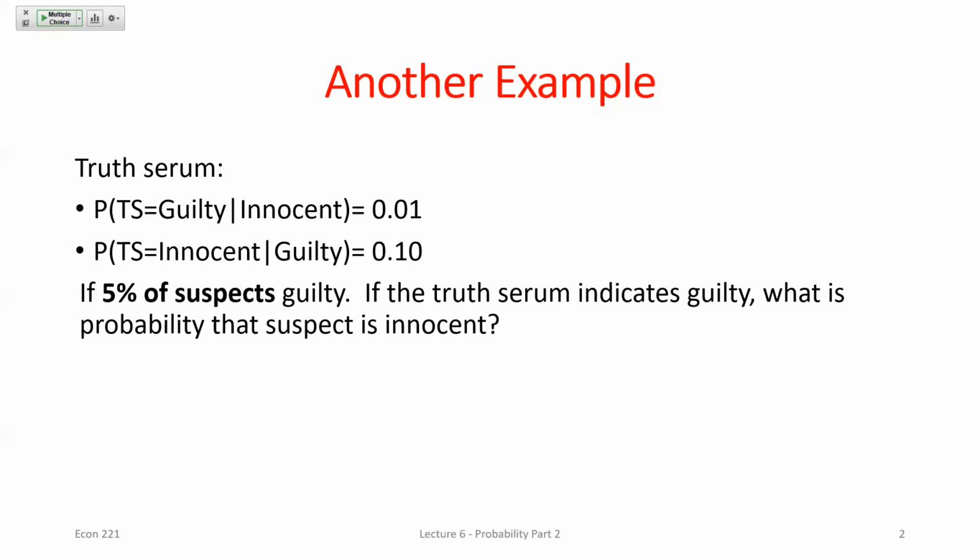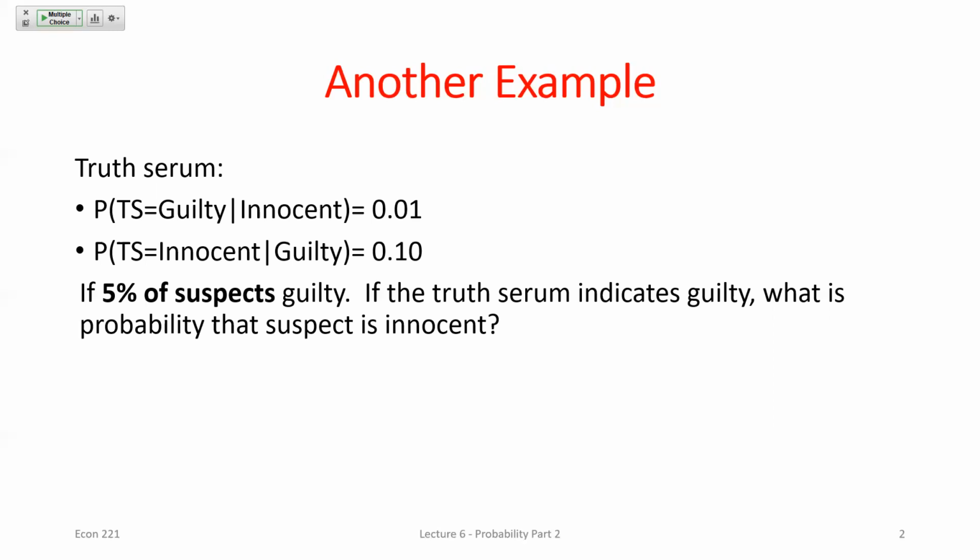Our outcome of the test, our E, is that the truth serum makes them say they're guilty. So what I would do is essentially write out the general form of the equation. Everywhere where I have S1, this first state of nature I'm interested in, I put the word innocent. Everywhere where I see E, I put truth serum is equal to guilty.